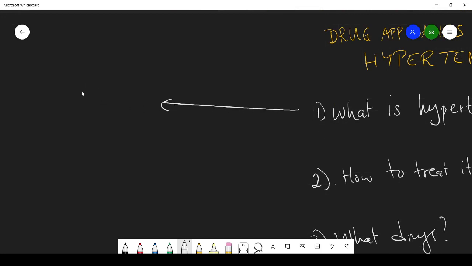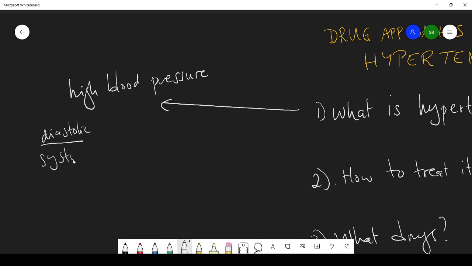Hypertension is what people most commonly call having a high blood pressure. Blood pressure is usually measured by two values. It's usually the diastolic and the systolic.